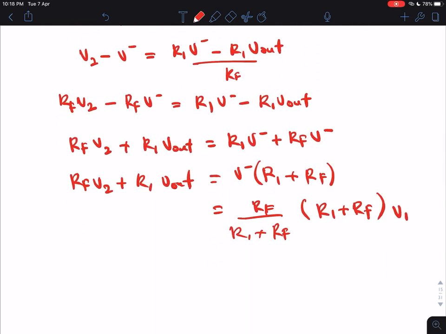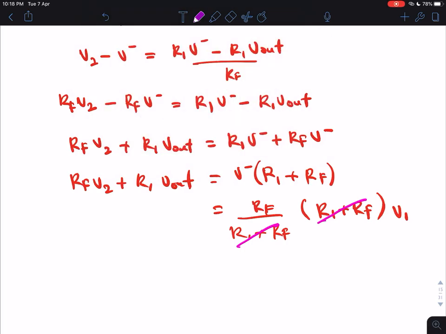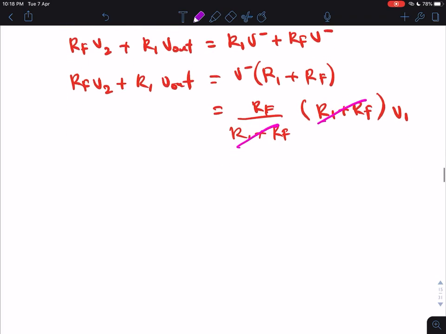Okay, so we can basically cancel this. So what we have now is RF V2 plus R1 Vout equals RF V1.